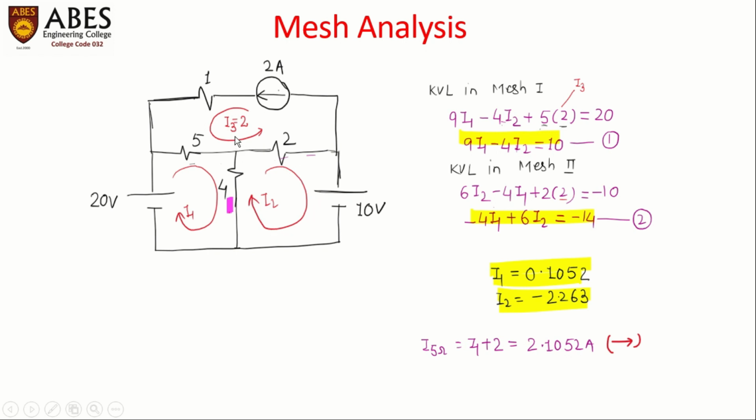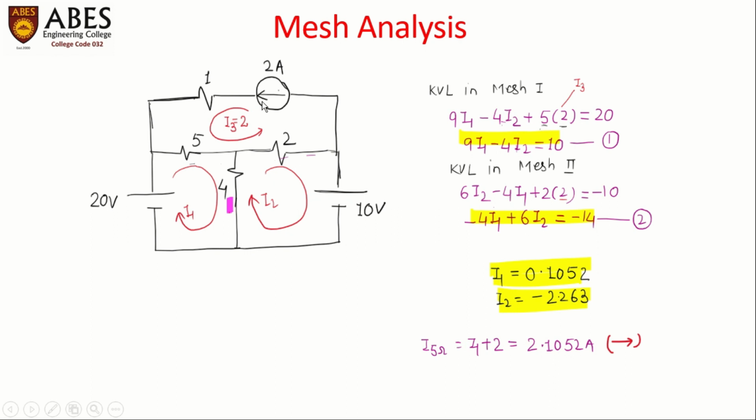In mesh 3, the current source appears in the outer branch of this mesh. If the current source appears in the outer branch of a particular mesh, then we already know the value of current in that mesh. This one is mesh number 3.